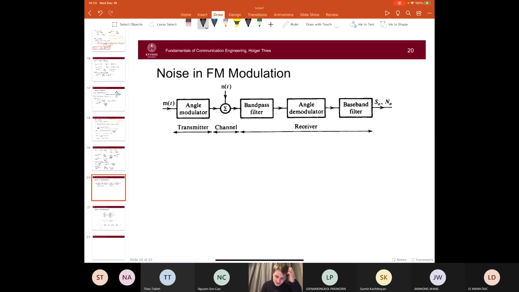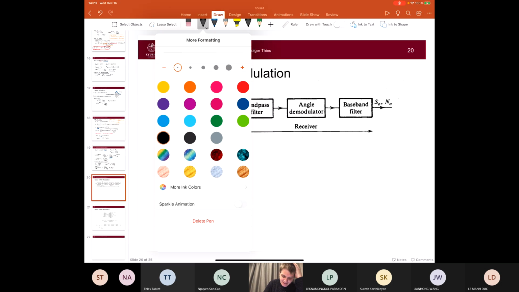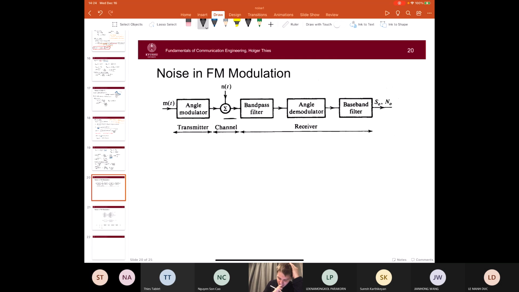One thing about FM modulation that we have seen is that in angle modulated systems, the bandwidth that we need for the bandpass filter, the bandwidth of the message we send through the channel, will be larger than the bandwidth of the original signal. We have seen that for angle modulation the bandwidth is actually infinite, but we can approximate it by 2 times the bandwidth plus some factor that depends on the modulation index, which is enough to send most of the message power.